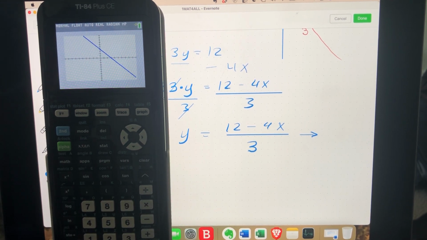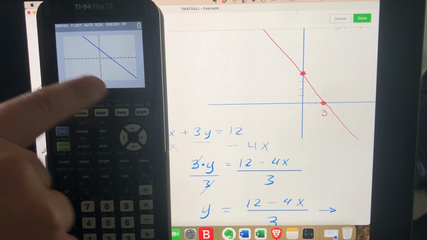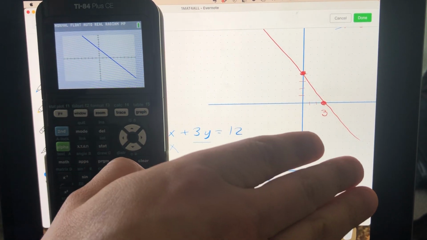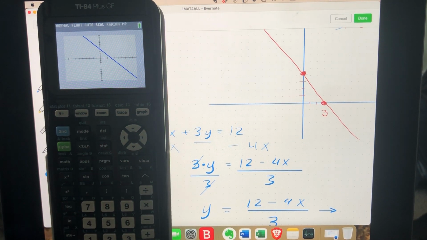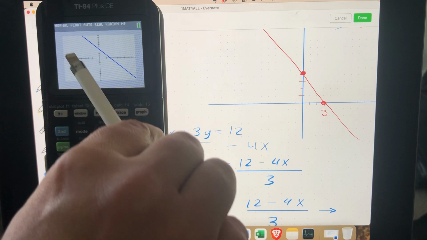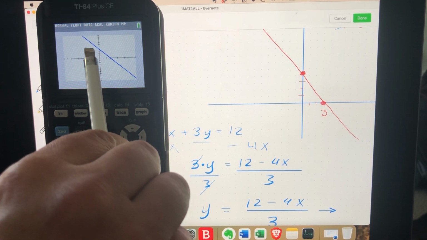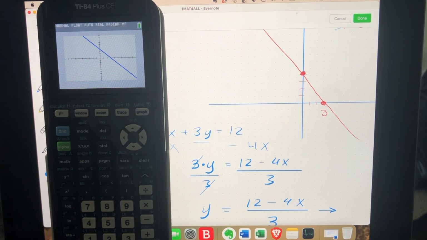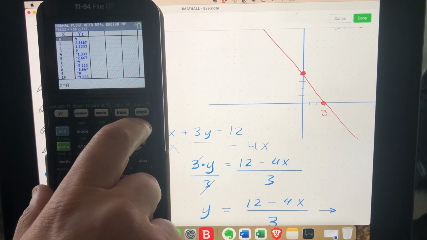And so here was the picture with the calculator, and by hand we see, even though this sketch is not precise, that both have negative slope, both seem to be crossing at about the same places. Here's 3, here's 4. Now I could check my table and see if I actually have the same points.